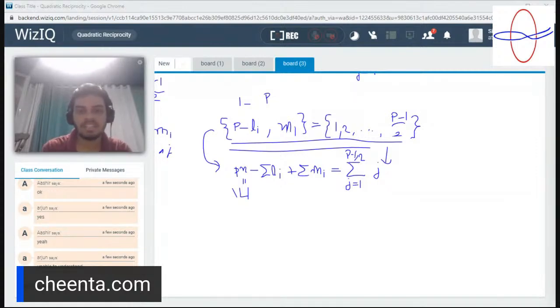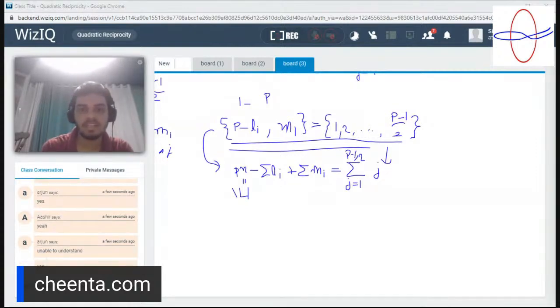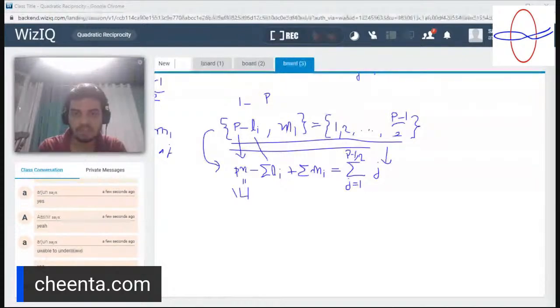Adding all the elements here will give n p's, that is how many ever elements of L there are, that many p's will be there, and then minus all of the elements of Li and plus all of the elements of Mi, correct? Just taking this term by term. This goes here, this goes here, and this goes here.